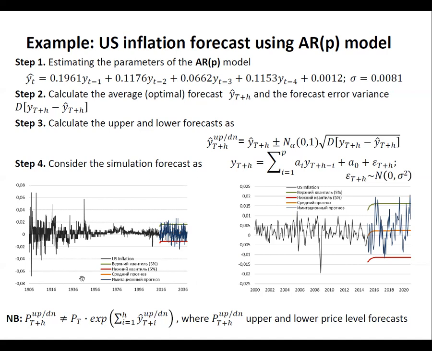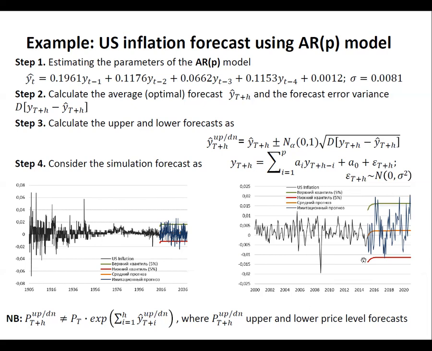The black line is the actual inflation data. The orange line is the average forecast. The red line is the low forecast. The green line is the high forecast. Here is the same thing, only enlarged so that the scale is more visible.